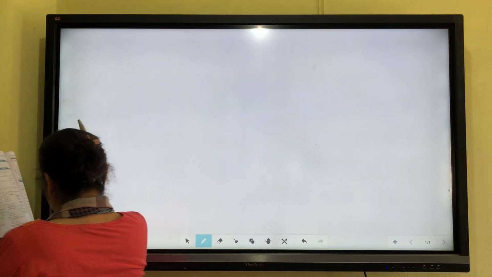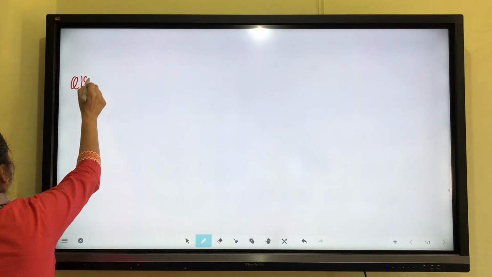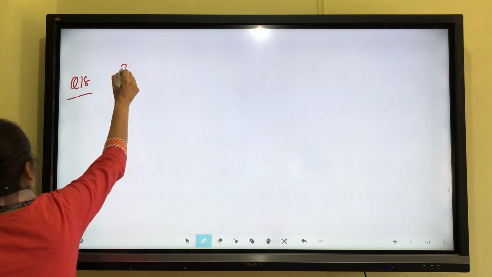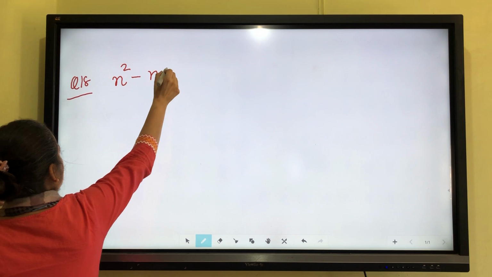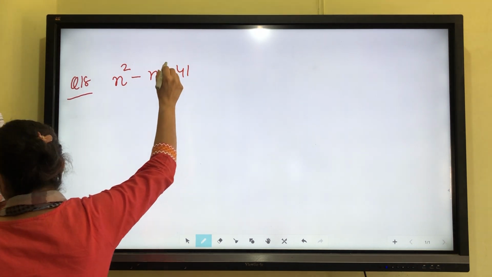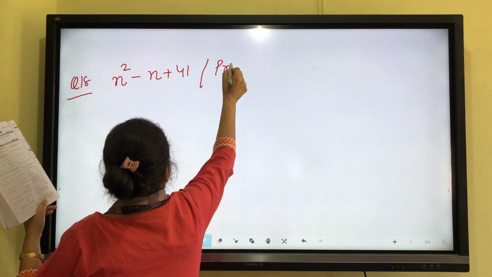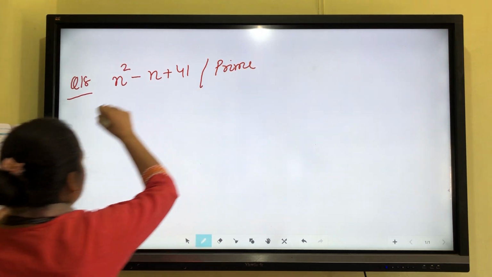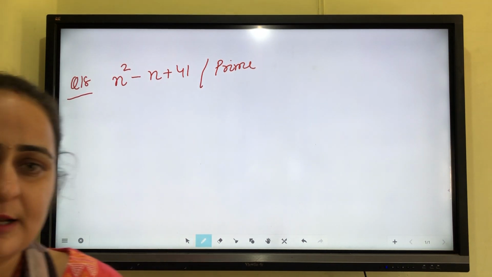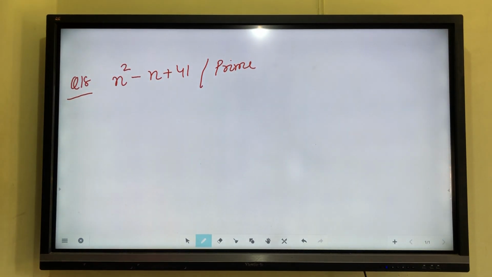The example is, let's take n power 2 minus n plus 41 is prime. You will prove that when we fill any number by using the induction, the number comes out to be a prime number.